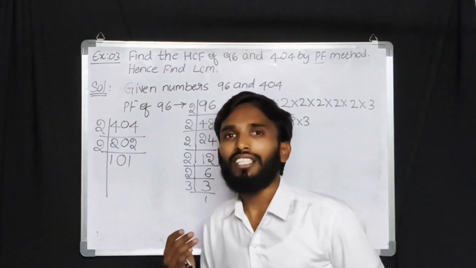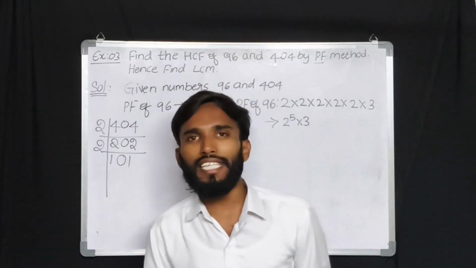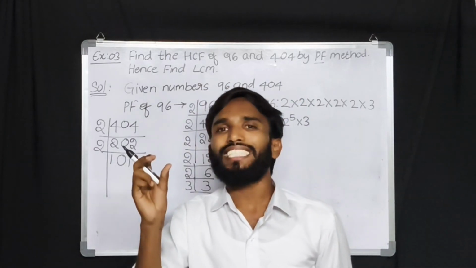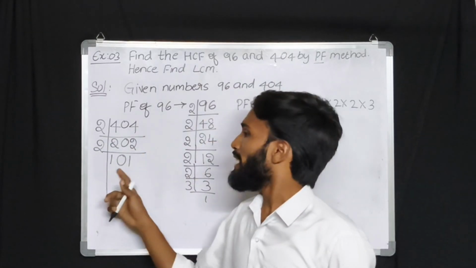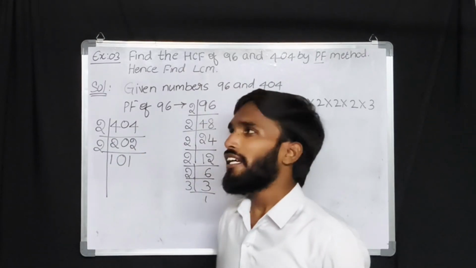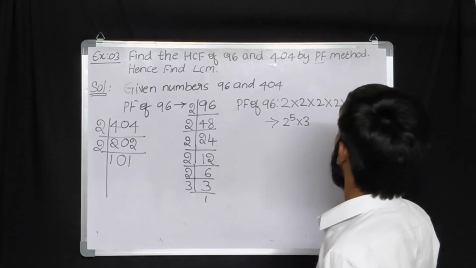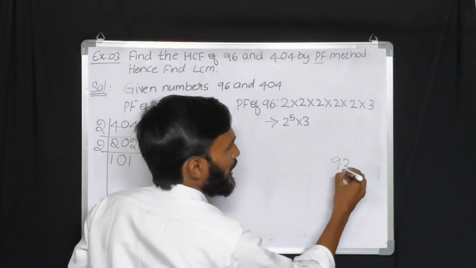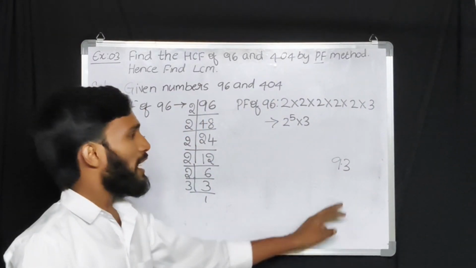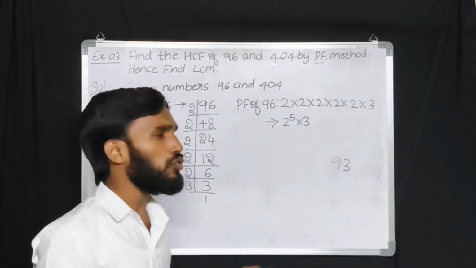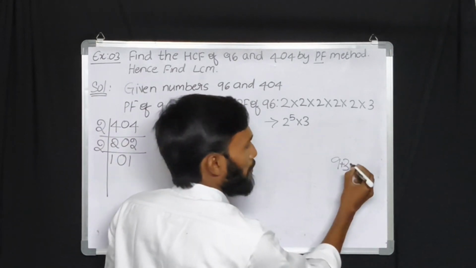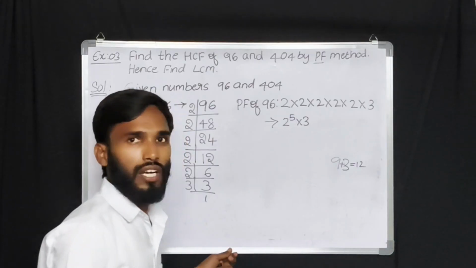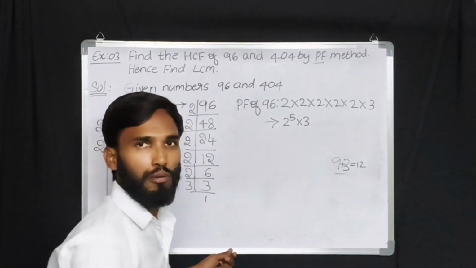Now next one is 3. What is the divisibility rule of 3? Nothing but the sum of digits is divisible by 3, then the entire number is divisible by 3. What does that mean? The example for divisibility by 3 is 93. Is the number divisible by 3 or not? How to check? Just add the digits. 9 plus 3 is equal to 12. That means this entire number is divisible by 3.